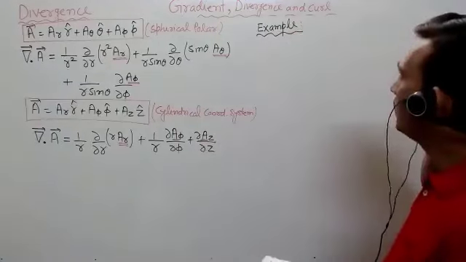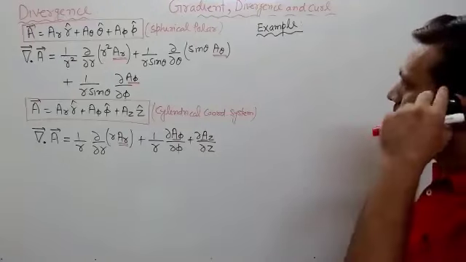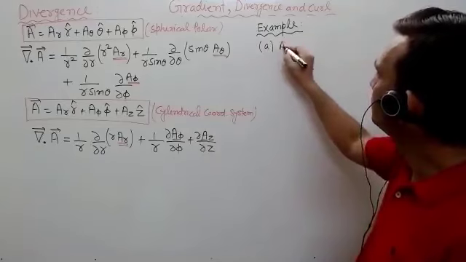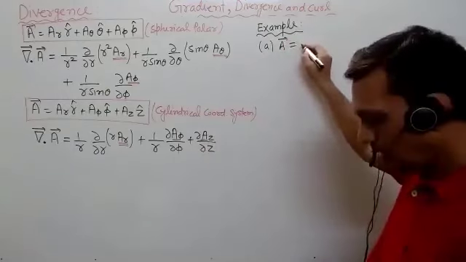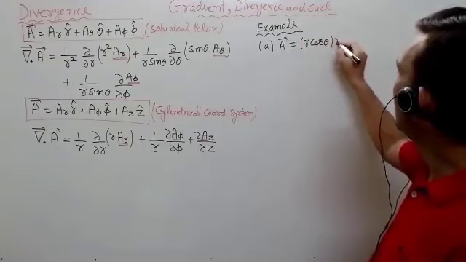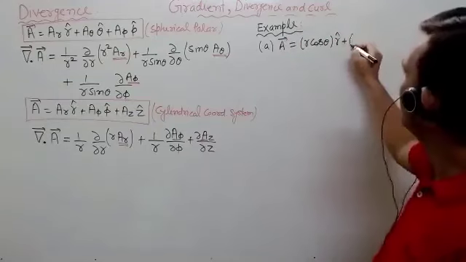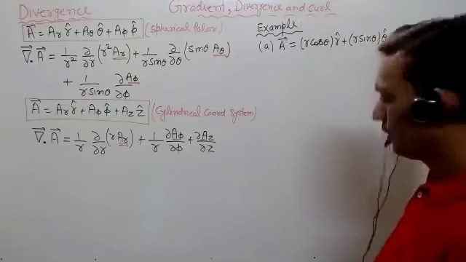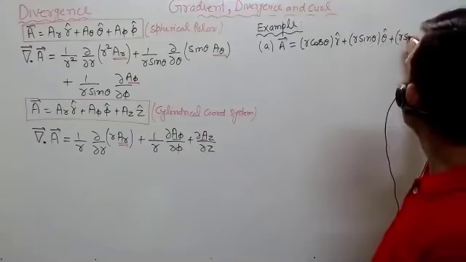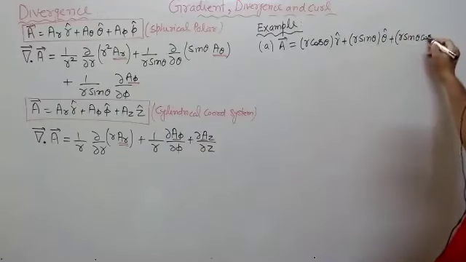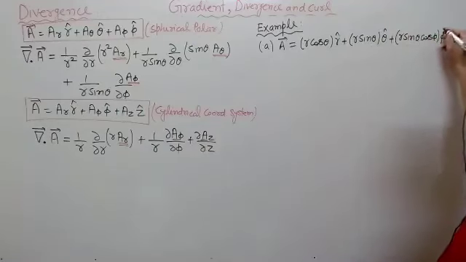So let us take first example. Example number 1. A is r cos theta r cap plus r sin theta theta cap plus r sin theta cos phi phi cap.